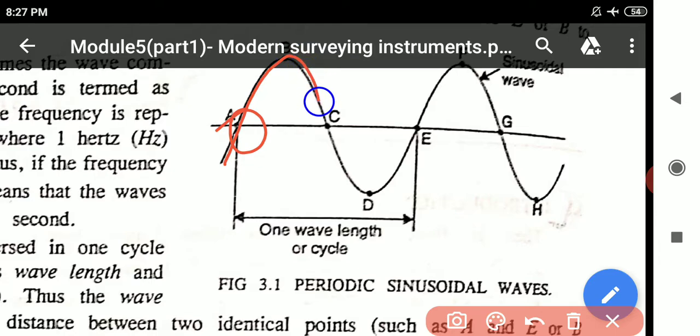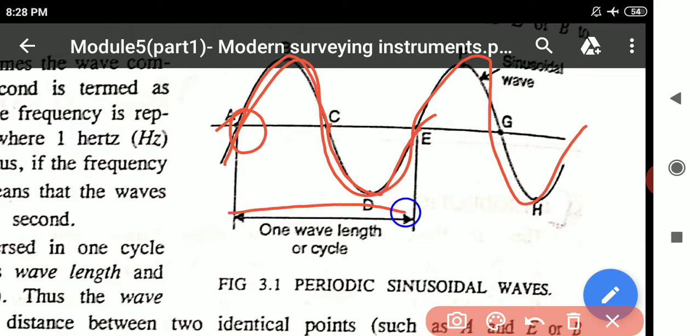When it reaches point C, it is 180 degrees. When it comes to D, it is 270 degrees. When it comes to E, it completes one oscillation, that is 360 degrees. This is called a sinusoidal wave. You already learnt this in the first year.